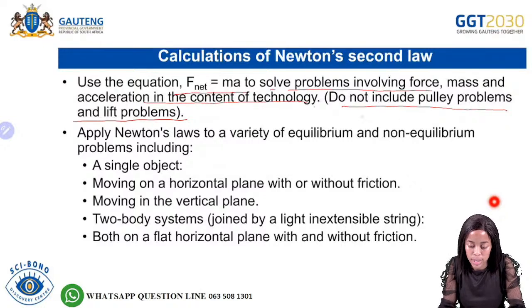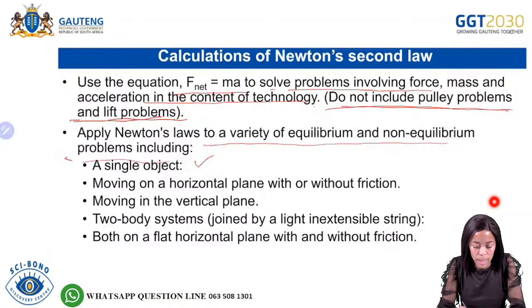So as we do our examples, I'm also not going to include the following. Then it says you need to apply Newton's laws to a variety of equilibrium and non-equilibrium problems, including a single object moving on a horizontal plane with or without friction.